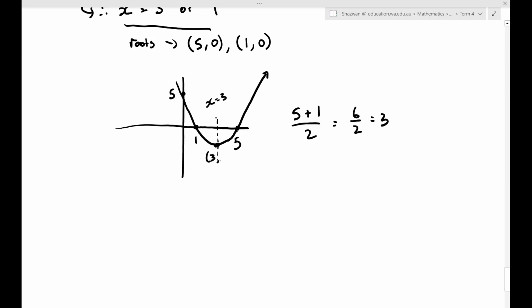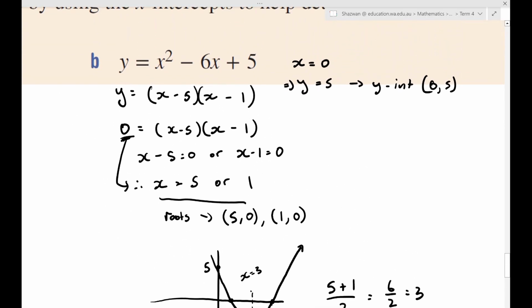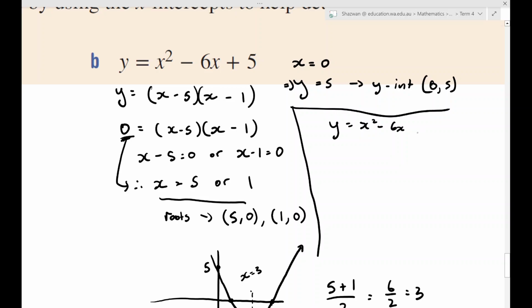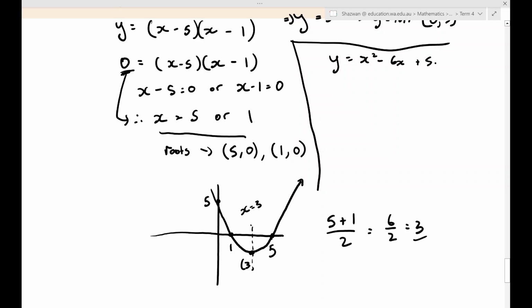Now to find the y value, I'm just going to go back to my original equation. y is equal to x squared take 6x plus 5. And I'm going to substitute in a value of 3 for x. And that's going to give me the y value at my turning point, right? So y is equal to 3 squared take 6 times 3 plus 5.